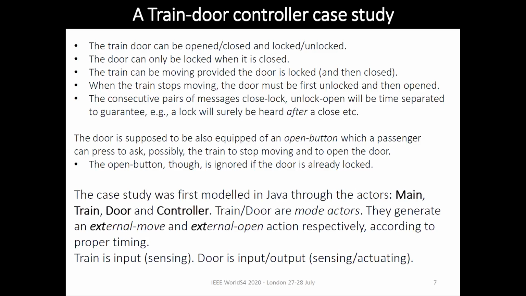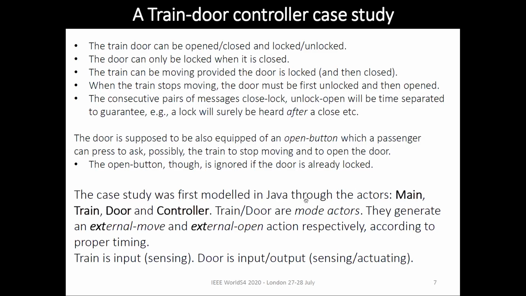But the open button can actually be heard only in the case the door is not yet locked. It can be closed but not yet locked. If it is locked, obviously it cannot be opened and the train cannot stop.